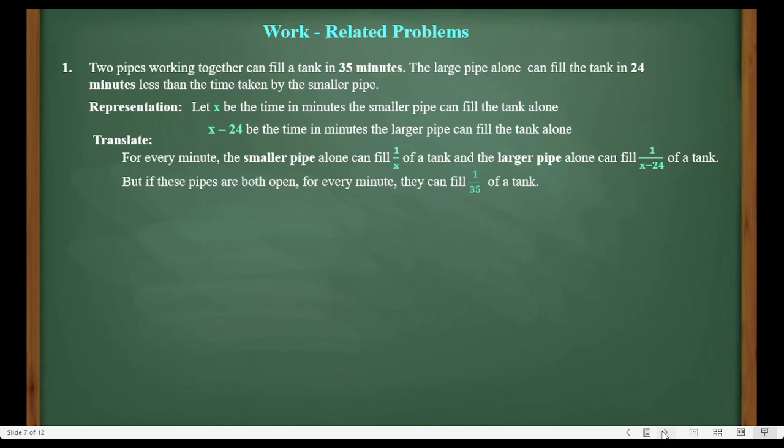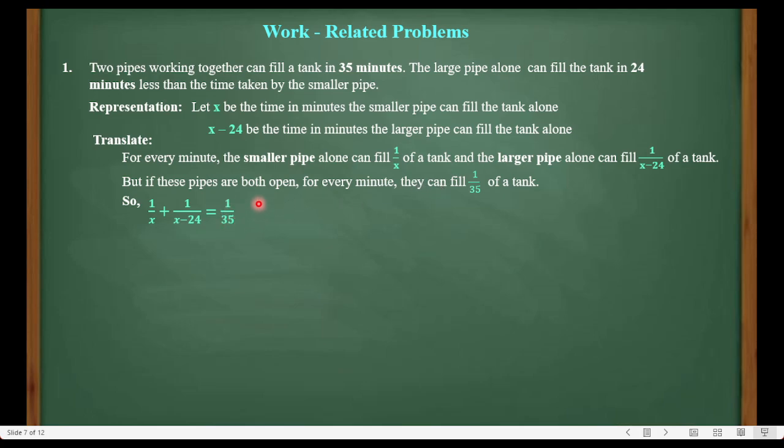But if these pipes are both open, for every minute, they can fill 1 over 35 of the tank. So, for the equation, we have 1 over x added to 1 over the quantity x minus 24 equals 1 over 35.